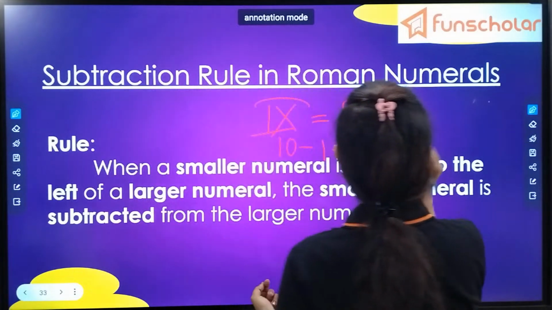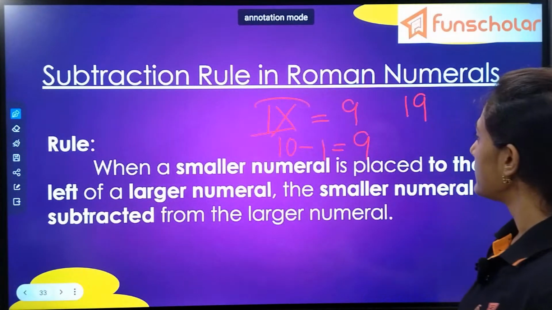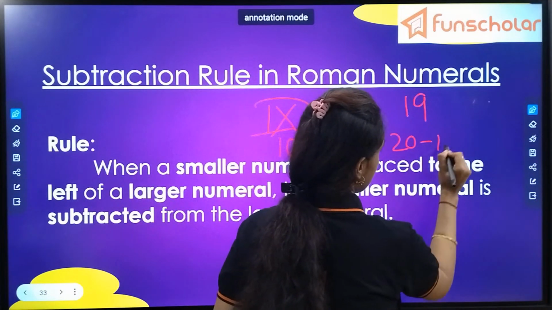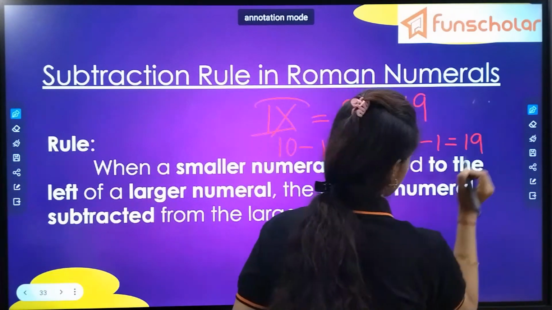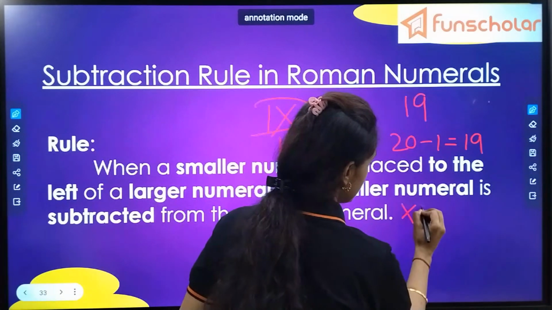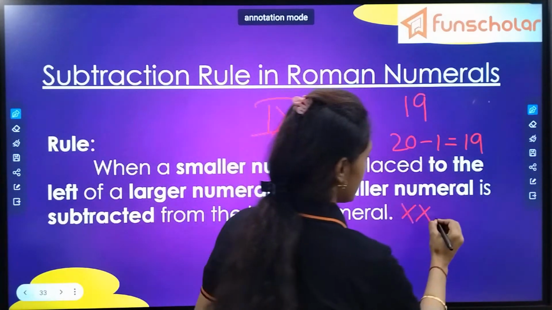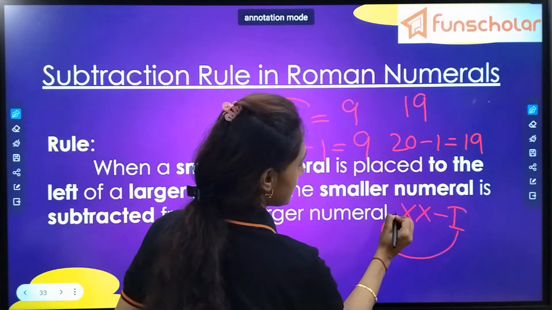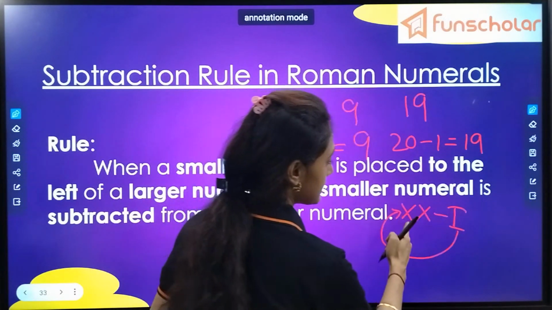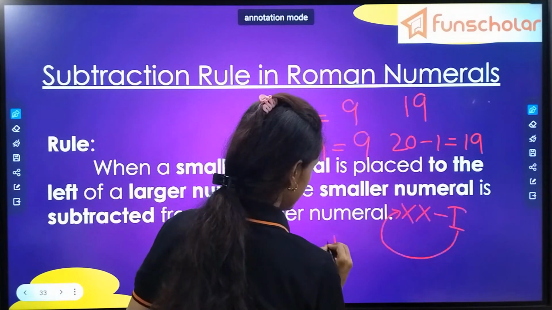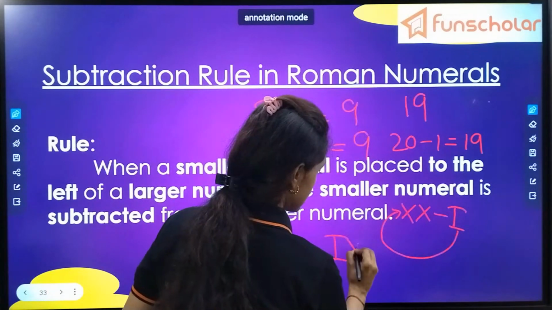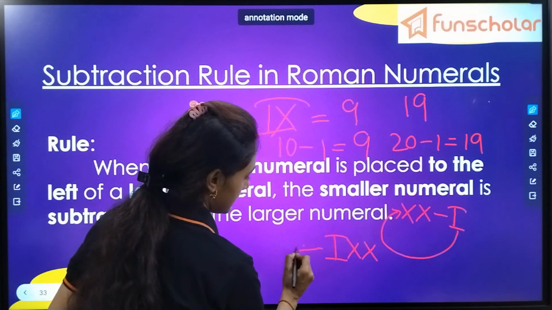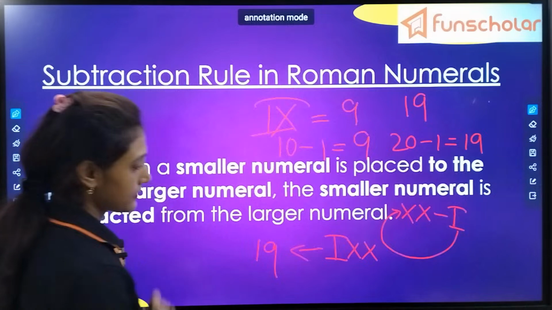Now if I have to write 19, how will I write? 20 minus 1 equal to 19. So 20 is represented as this and we subtract 1. So where will 1 come? To the left side of the larger number. Then we will write XIX. It becomes what? 19. Okay?